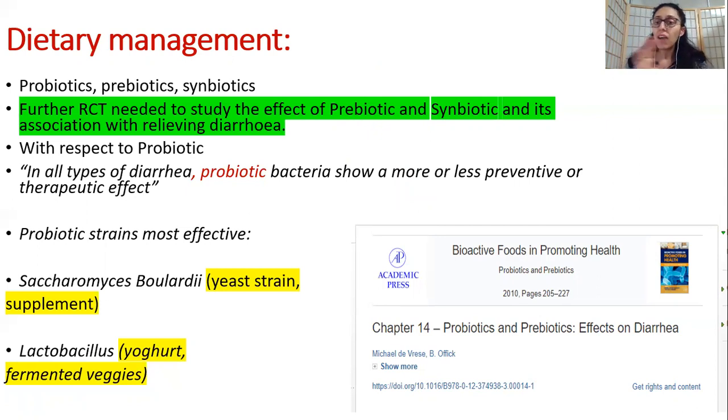I have kept the types of diarrhea as your post reading, just as an FYI. My intention here is to tell you that there is a lot of research in the area of probiotics to address management of diarrhea. There is some research, but it is still ongoing in the case of prebiotics and synbiotics and their effect on diarrhea. All right, guys.